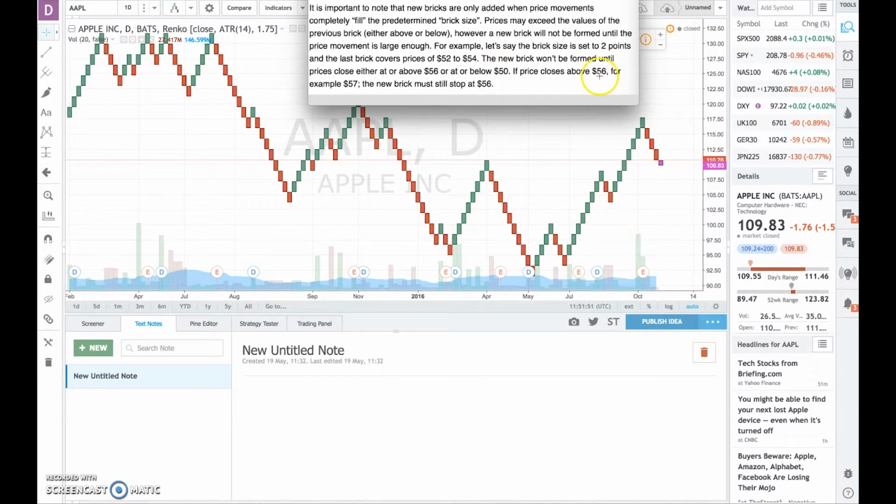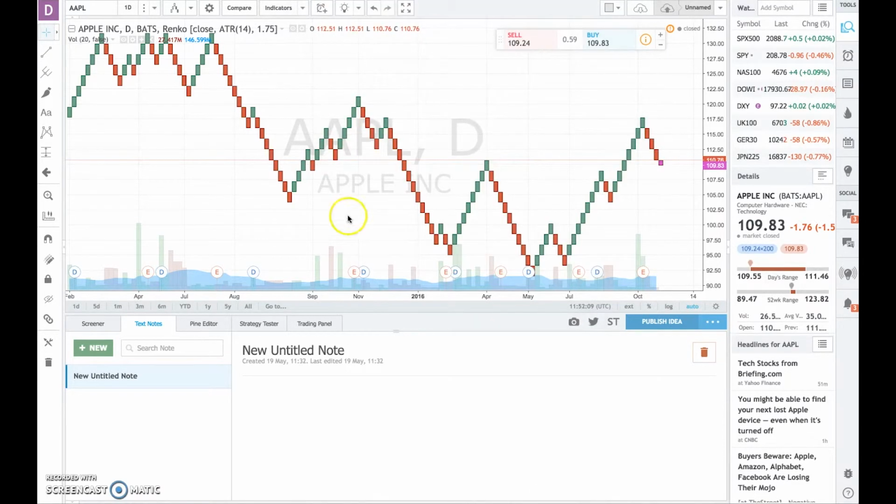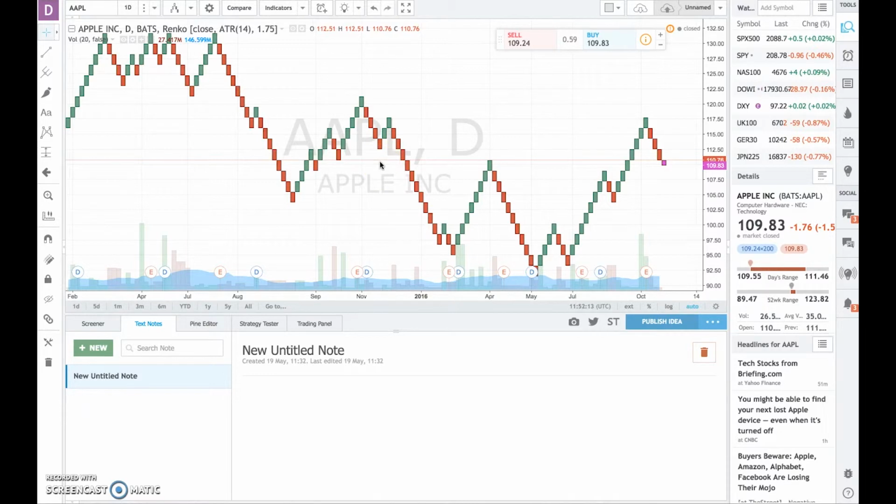If price closes above 56, for example at 57, a new brick must still stop at 56. If the next day's trading ends up at 58, then of course a new block will be formed. Blocks are only formed when the predetermined price has been hit.